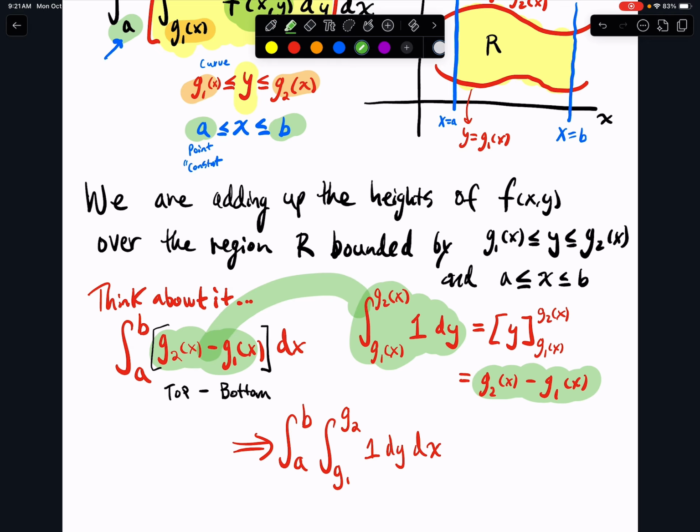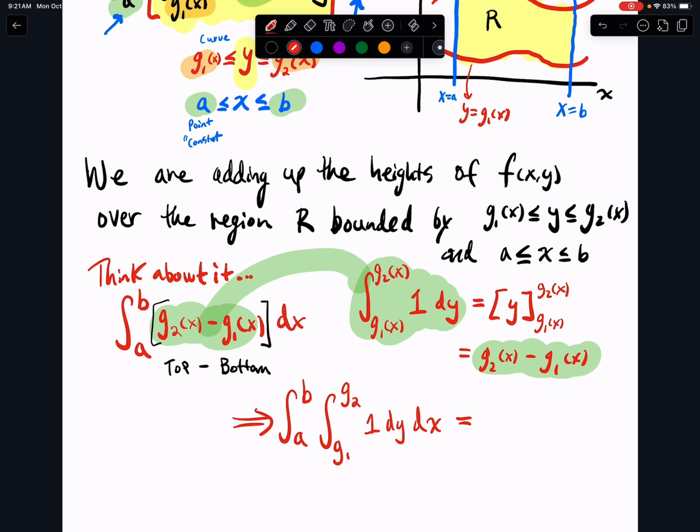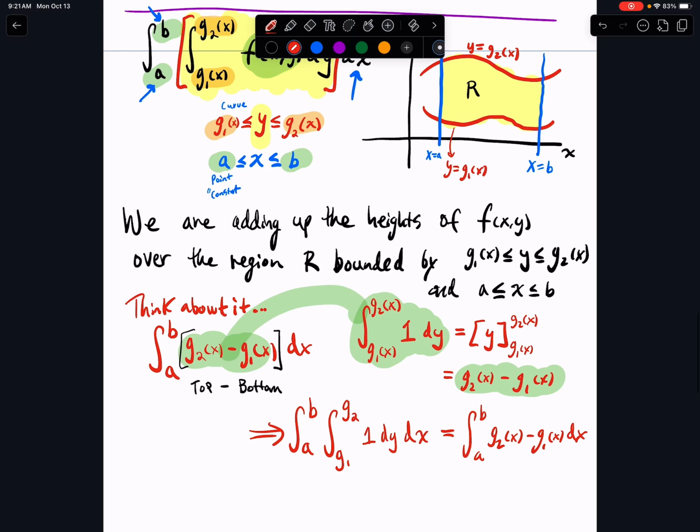Okay, you'll see how this is the same thing. I'm plugging it in here. And this is equal to the integral a to b of g2 of x minus g1 of x dx, which we just talked about being that region right there.